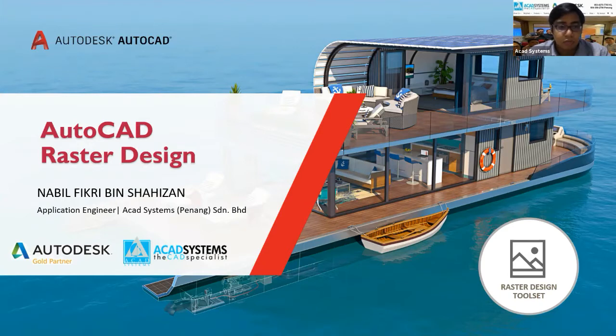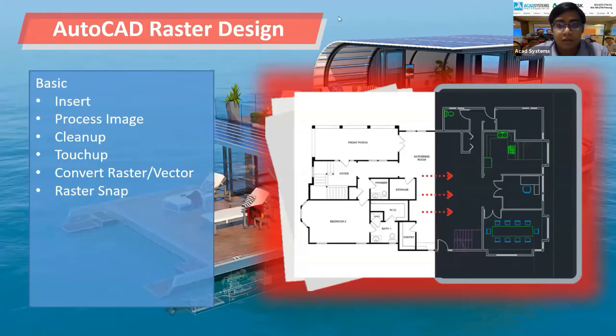So for today, I would like to share with you about the AutoCAD Raster Design. Raster Design is one of the AutoCAD design tool sets, which is included in the 7 tool sets. For those who don't know about raster design, it allows you to convert images from rasters into the CAD software.